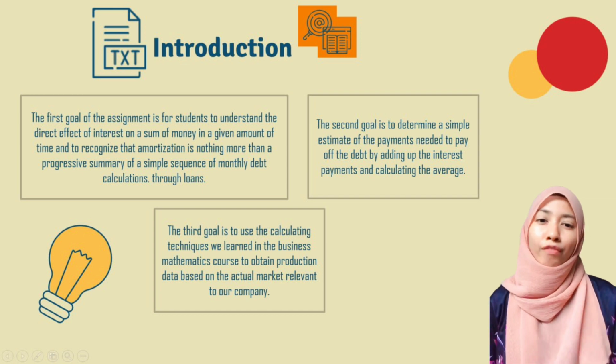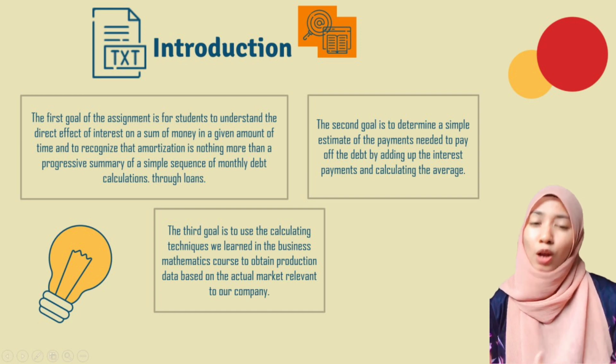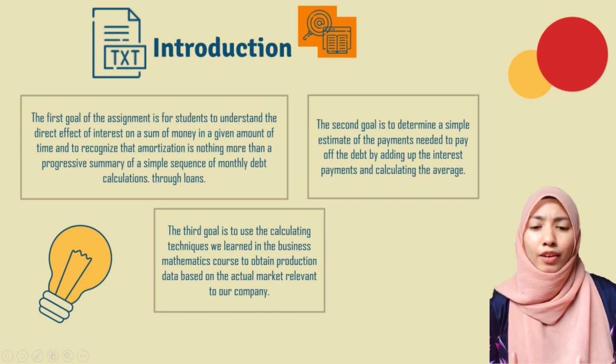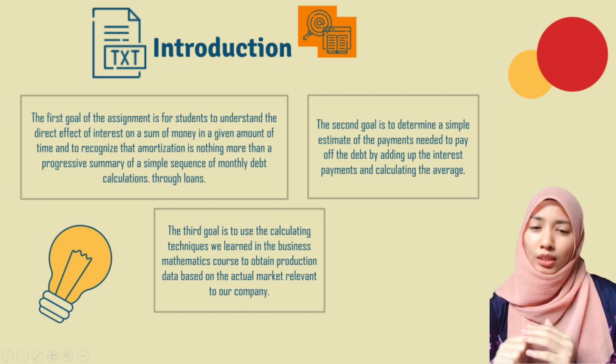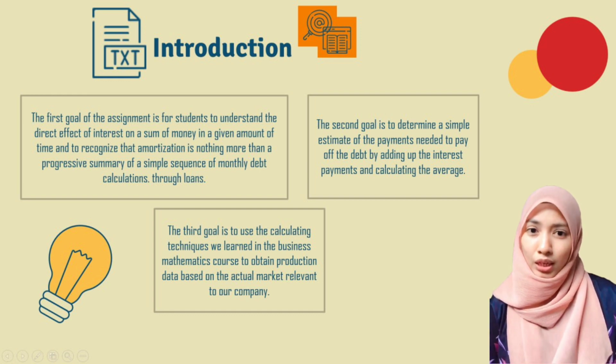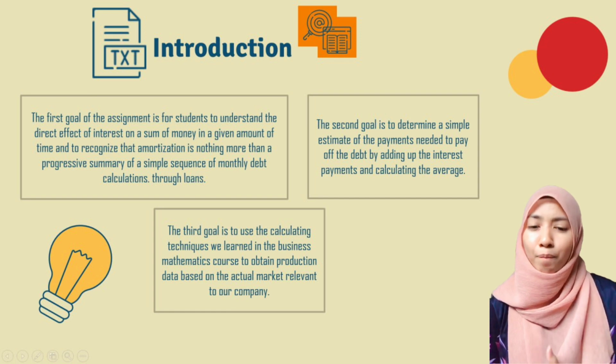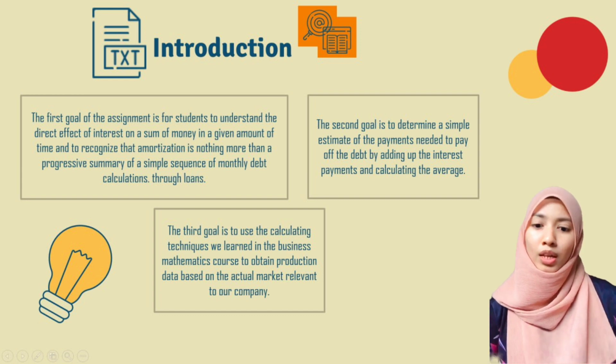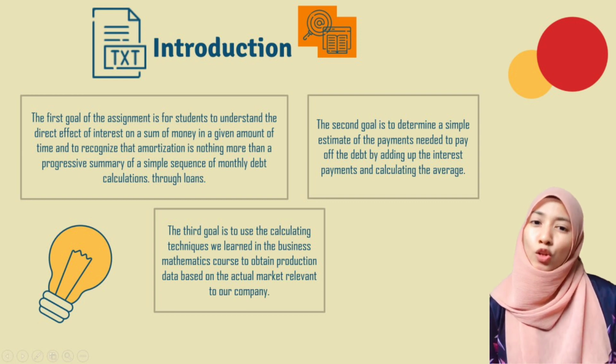The first goal of the assignment is for students to understand the direct effect of interest on a sum of money in a given amount of time, and to recognize that amortization is nothing more than a progressive summary of a simple sequence of monthly debit calculations through loans.